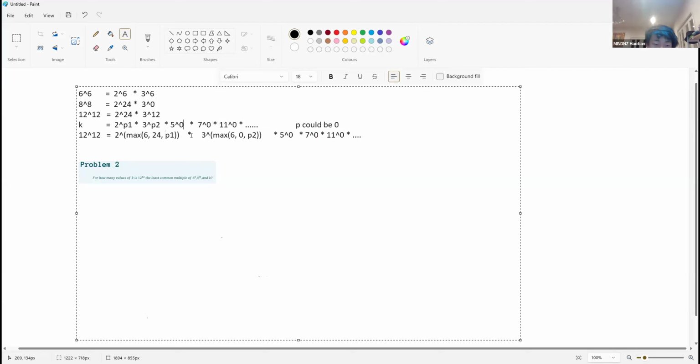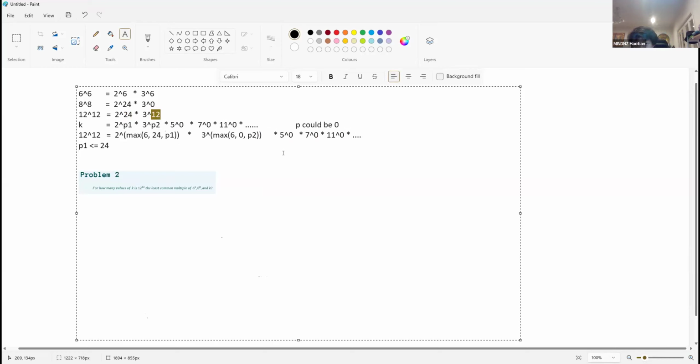And then we know that the maximum of 6, 24, and p1 should be 24. So that means p1 has to be less than or equal to 24. And then we also know the maximum of 6, 0, and p2 is equal to 12.